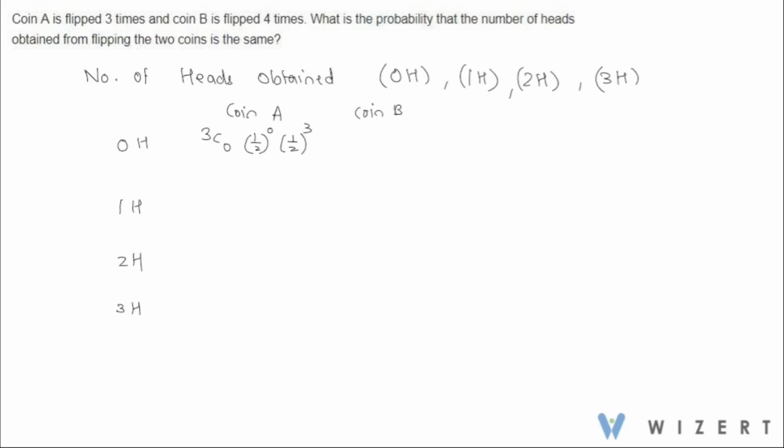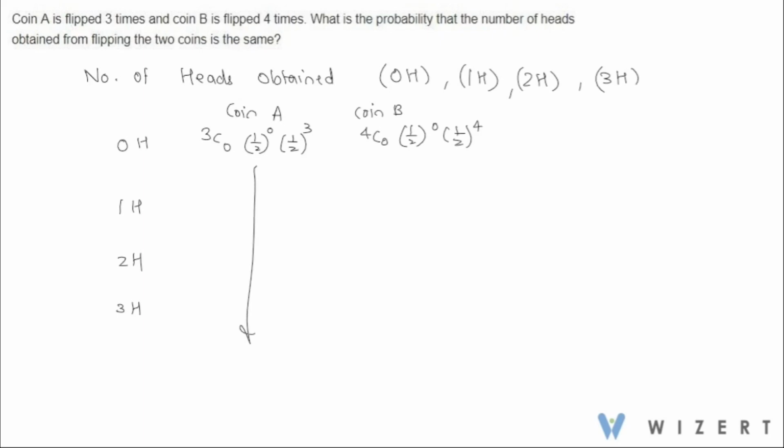So this is the probability of 0 heads in coin A flips. In coin B flips, we have 4C0, half to the power 0 and half to the power 4. Since both head and tail have the same probability, that is half, we can simply write this as half to the power 3 in coin A's case and half to the power 4 in coin B's case.